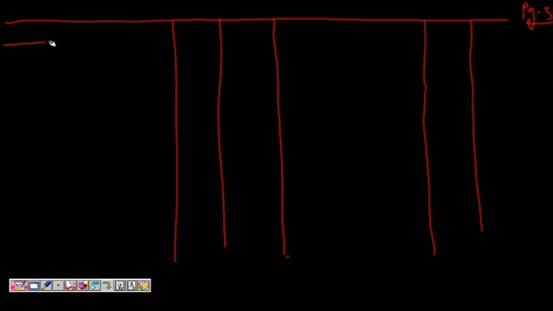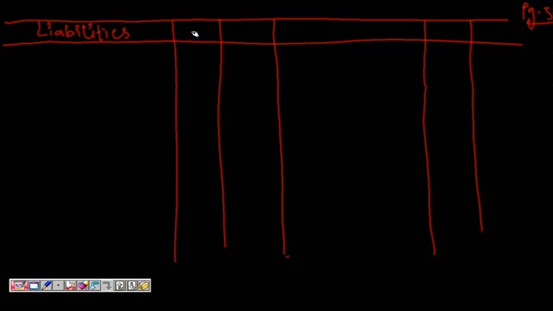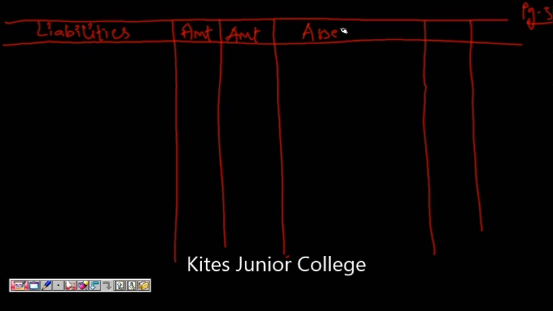Better to maintain two columns so that the problem looks good. Okay, so now your left hand side indicates liabilities. Left is always liabilities. Then amount, and your right hand side indicates assets amount.